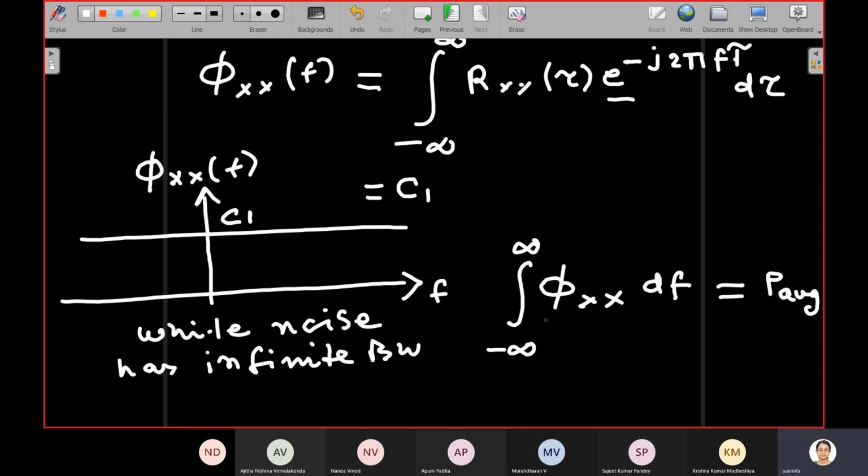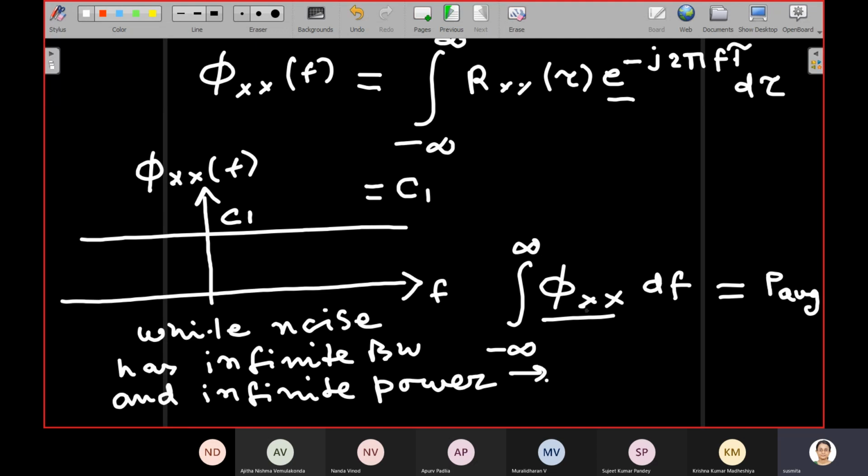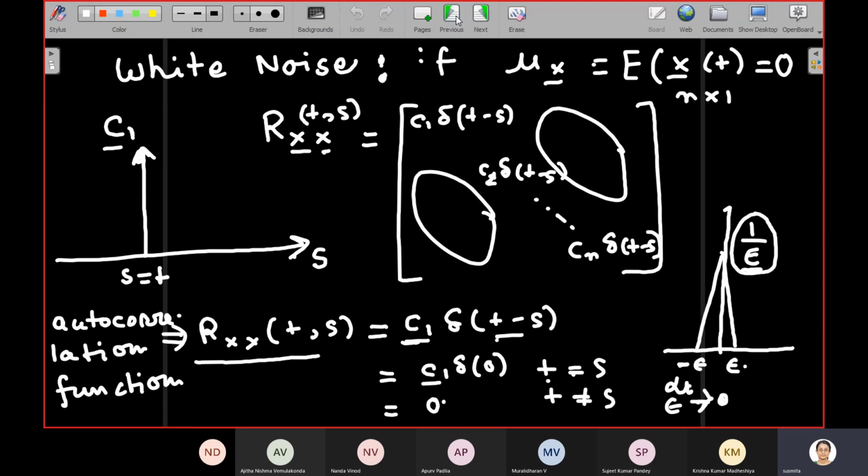In this case, we just need to put C1, and then if we integrate it from minus infinity to plus infinity, we get actually infinite power. So it has infinite bandwidth and infinite power. For a random process, its power is actually given by its variance. So does it have infinite variance? Yes, it does. As I told you, this has infinite amplitude, right? So at t is equal to s, it has infinite variance.